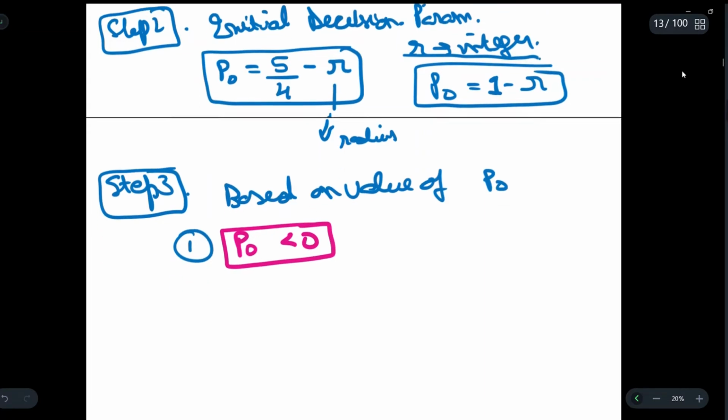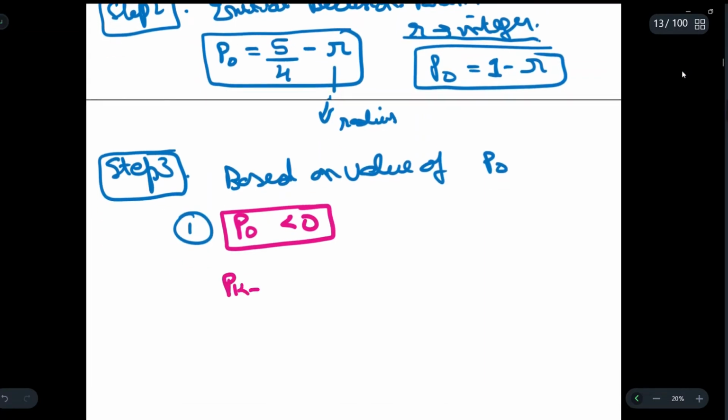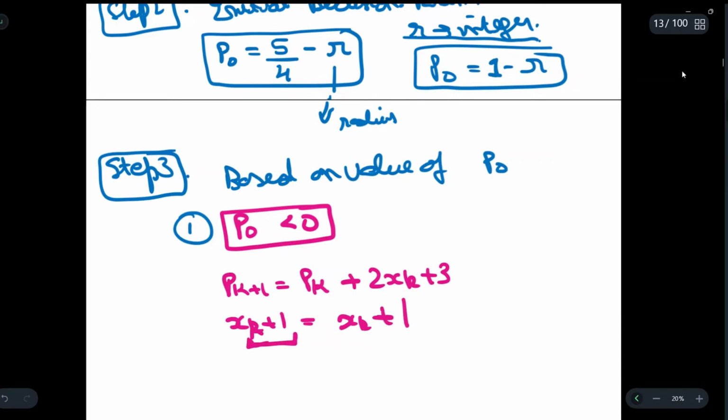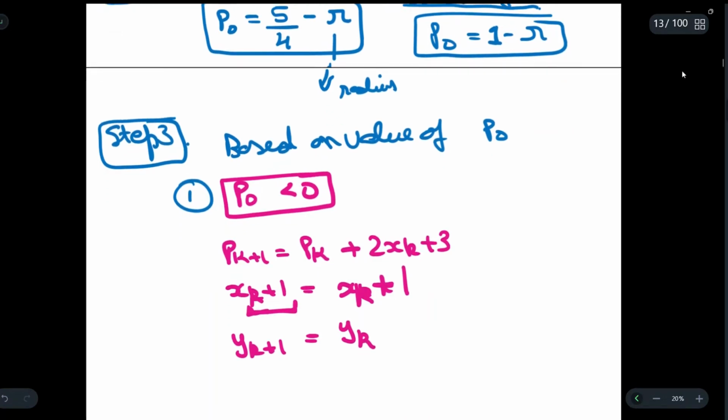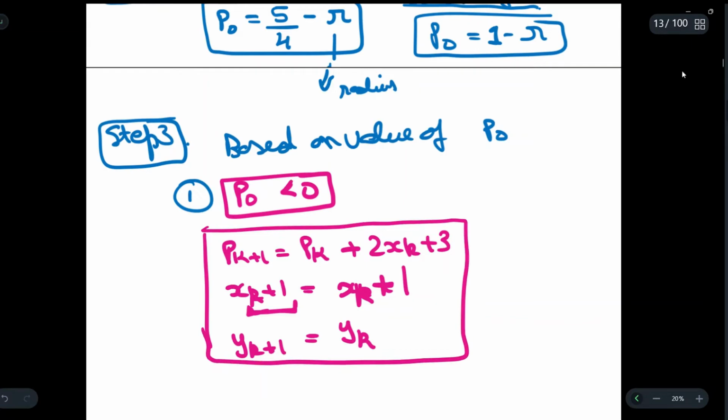On doing so, you will get the value of pk plus 1 as pk plus 2xk plus 3, and the next x coordinate, xk plus 1, will be given as xk plus 1. Remember, this plus 1 in xk plus 1 is in the subscript, and we are adding 1 to xk separately. The value of the next y coordinate will remain the same, that is yk. So these are the three formulas which we have to remember whenever pk or p naught is less than 0, and the value of pk that will be used here will be that of p naught.